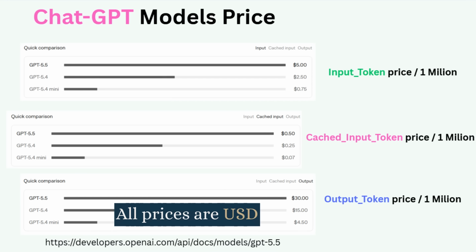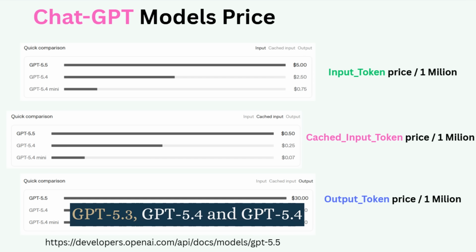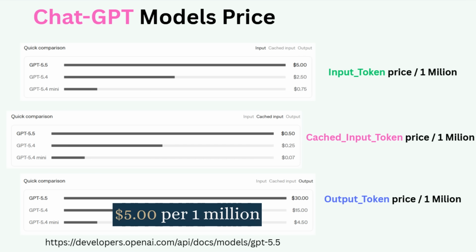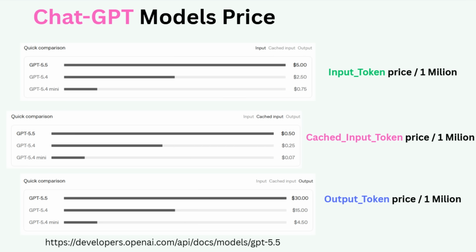All prices are in US dollars per 1 million tokens. For ChatGPT models, GPT 5.5 currently costs $5 per 1 million input tokens, 50 cents per 1 million cached input tokens, and $30 per 1 million output tokens.